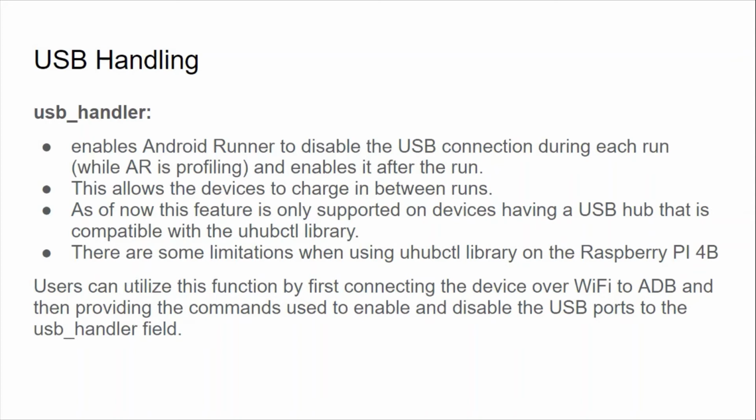For example, Raspberry Pi 4B does not support per-port power switching. So it will either activate all ports or deactivate all ports. This is a limitation of the Raspberry Pi hardware design, and it might be a problem when other peripherals such as a USB stick are connected to the Raspberry Pi.